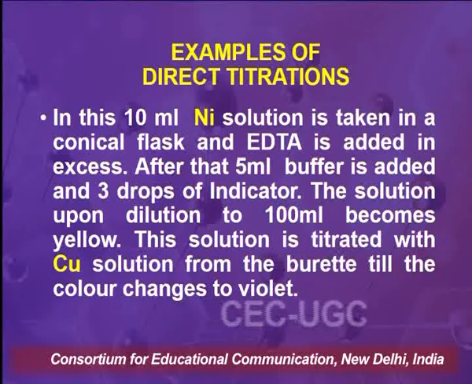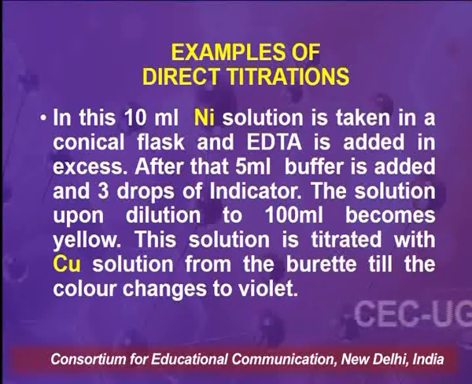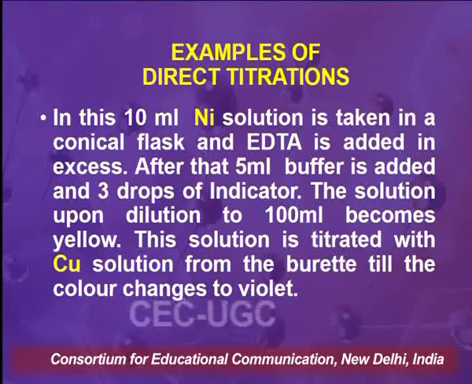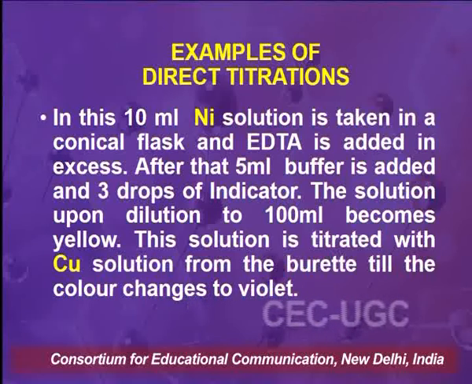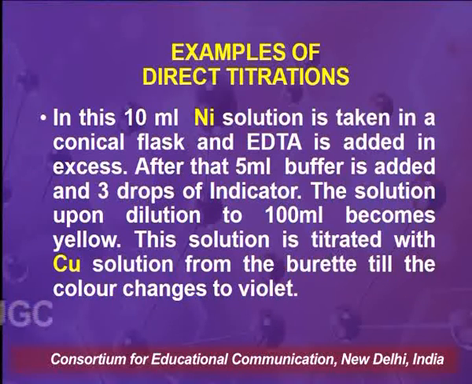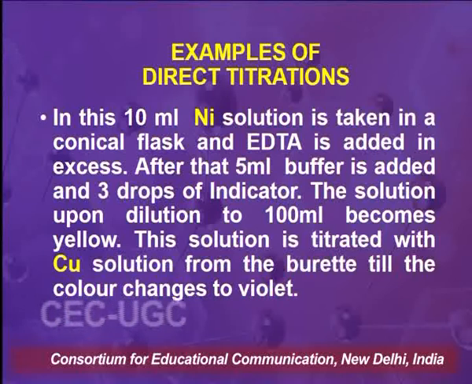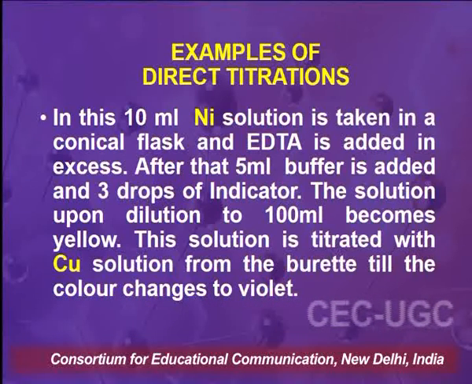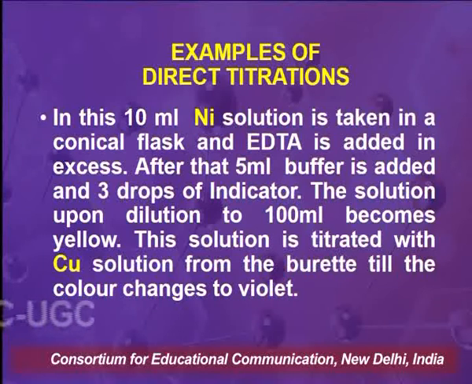This solution is titrated with copper solution from the burette till the color changes to violet. So, as we can see here, the titration is not being performed with EDTA from the burette. Instead, in the burette we have taken another metal ion solution and the titration is being performed with the metal ion solution, and the EDTA is taken as a complex with the metal ion which has to be estimated.